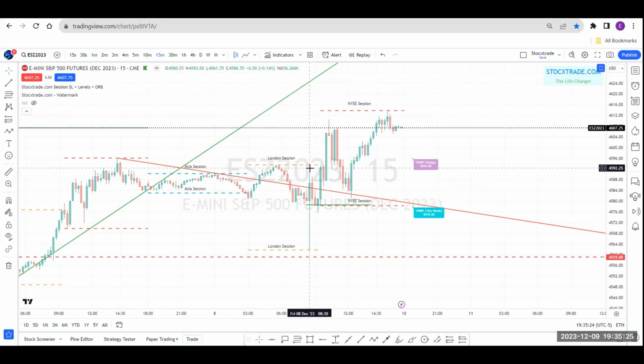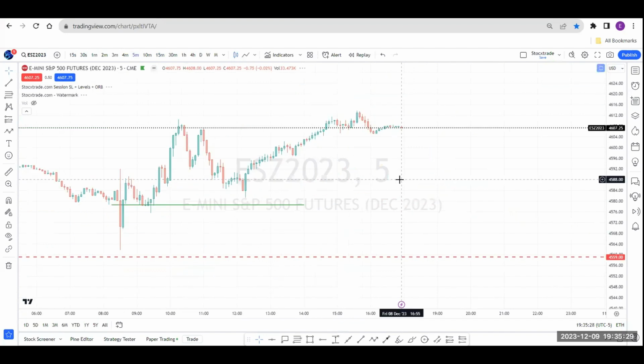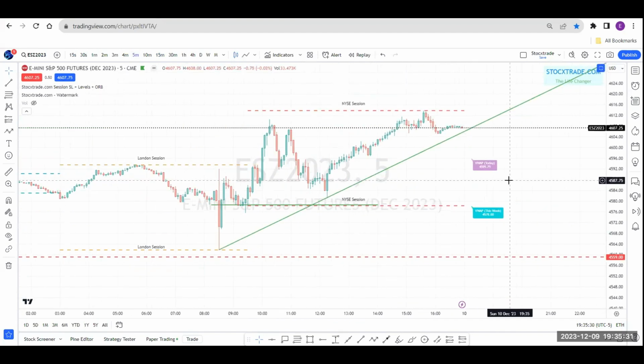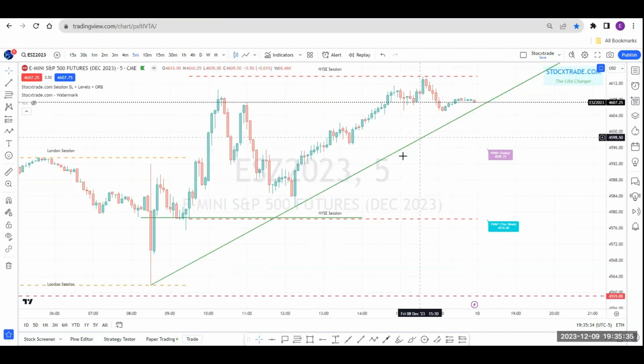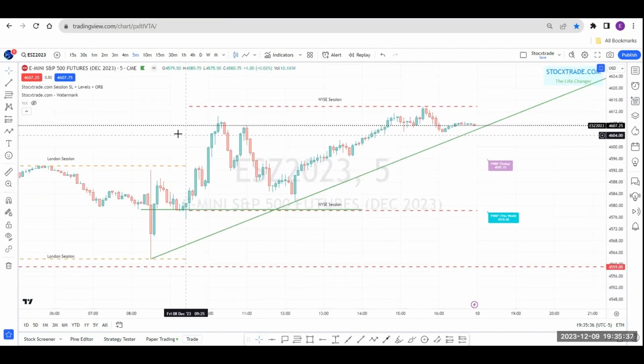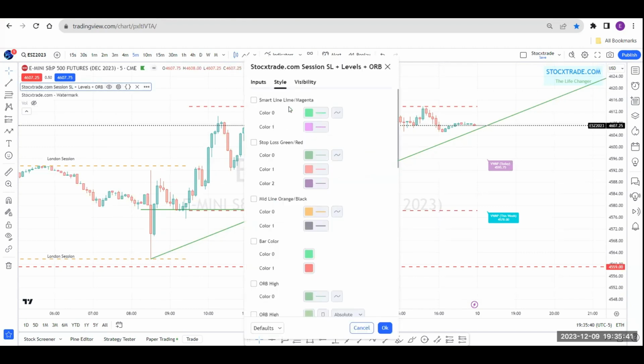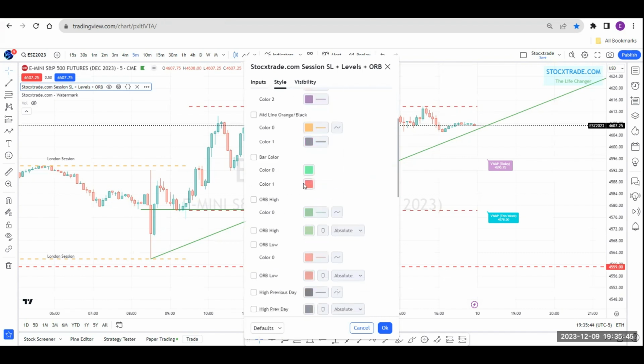When the London session is opening, if it is sweeping, it also creates the trend line. But I don't want to show you that, because this is dependent. These are all lagging indicators. You tell me any indicator which will give you everything in one indicator. The opening range you can set by yourself.